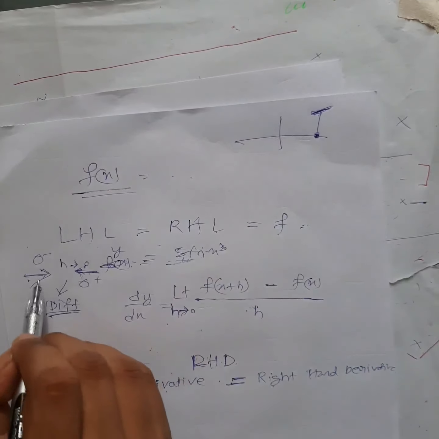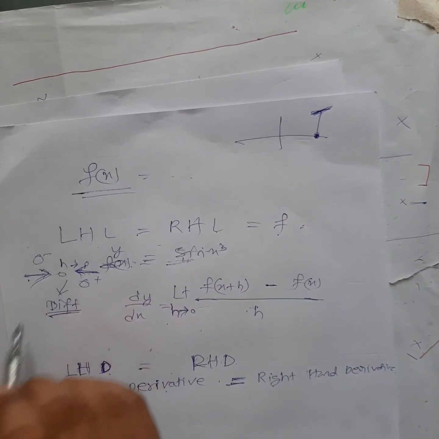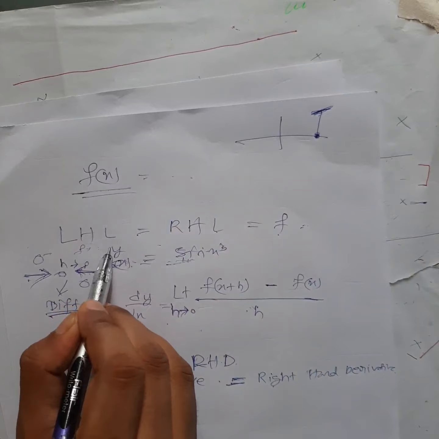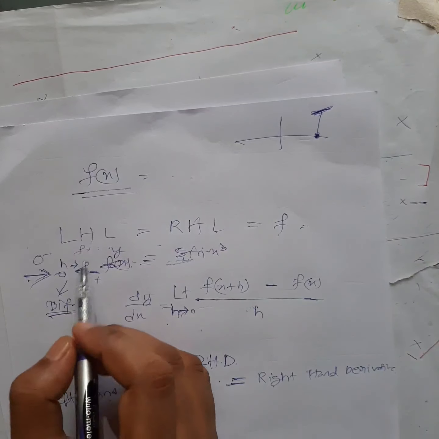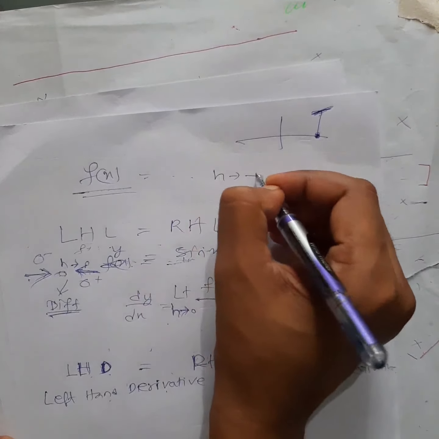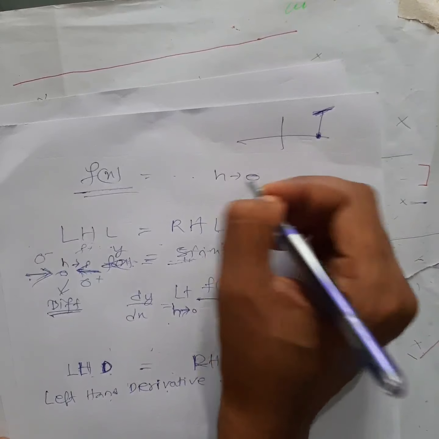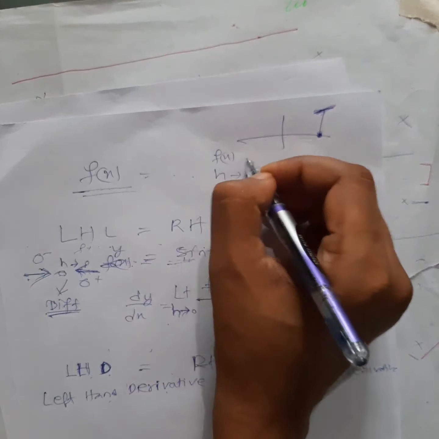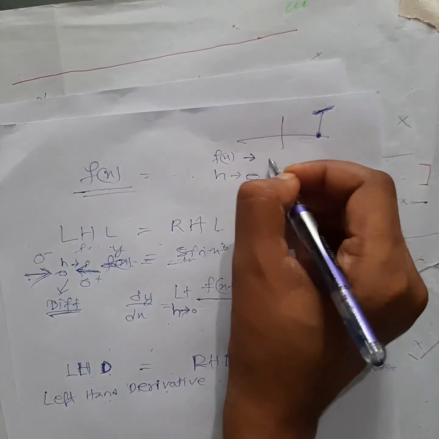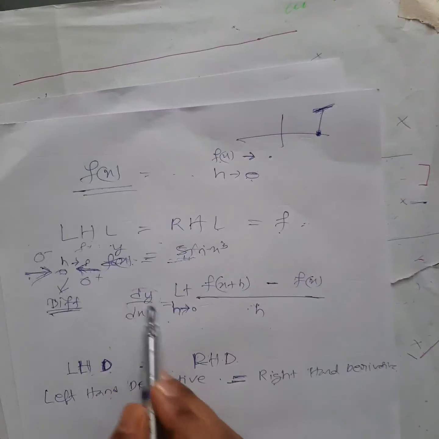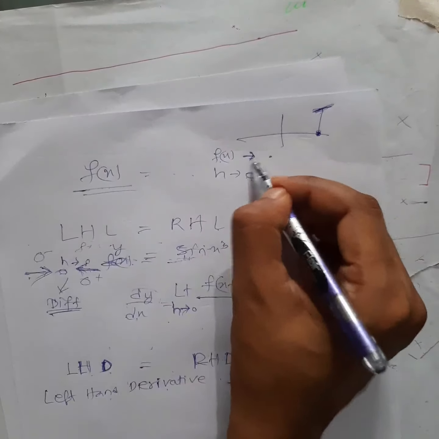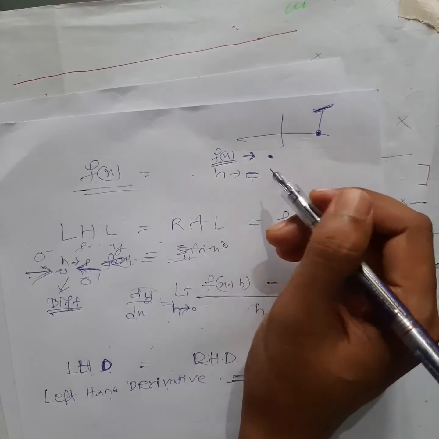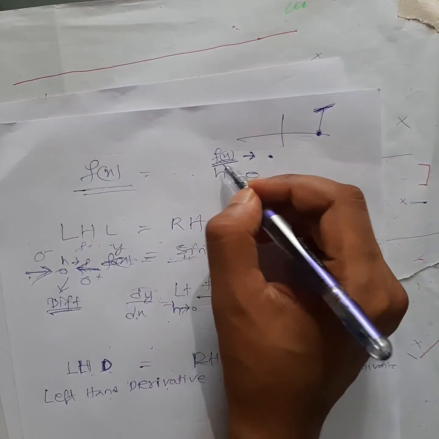If h tends to 0 from both left and right, and based on that your function, meaning this derivative value, also tends to the same constant value, then the function will be said to be differentiable, okay.